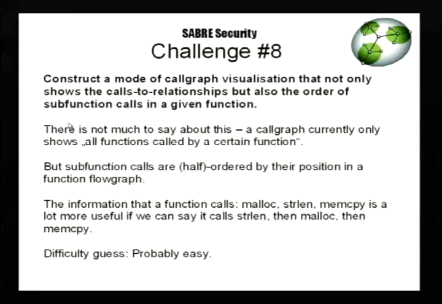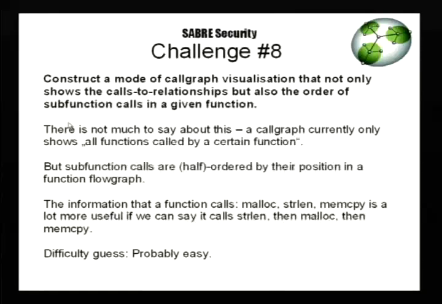And implicitly, the function calls to subfunctions are ordered, meaning it makes a great difference whether I call string length, malloc, memcopy, or whether I call memcopy, malloc, string length. Why are we generating the call graphs in the first place? We want to understand the program. So we want to recover semantics by looking at what functions it's calling.